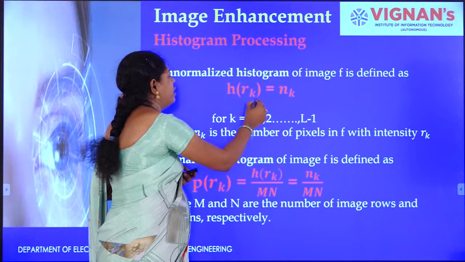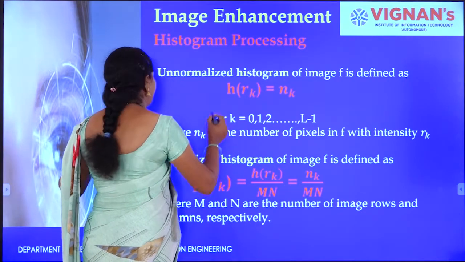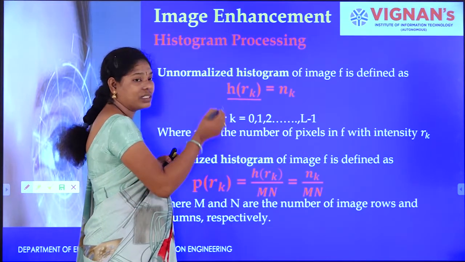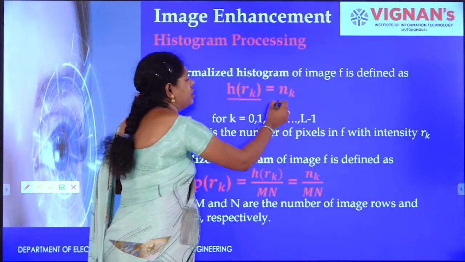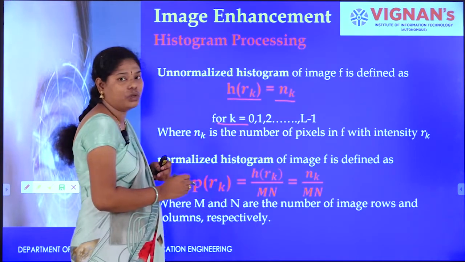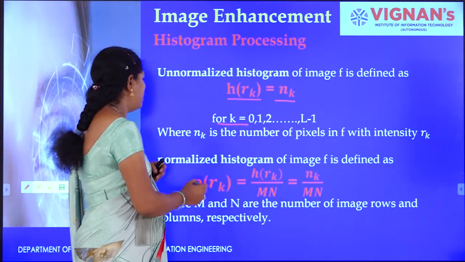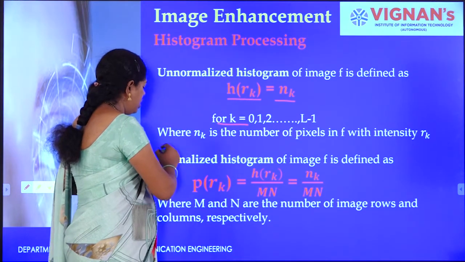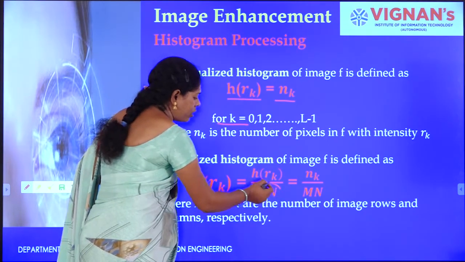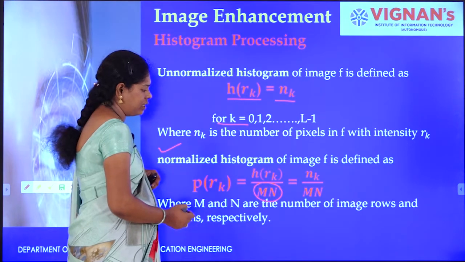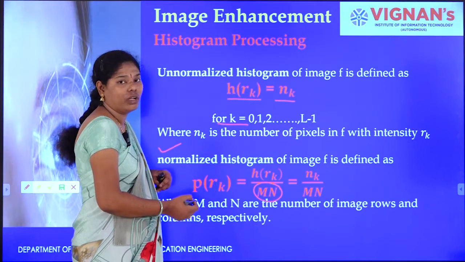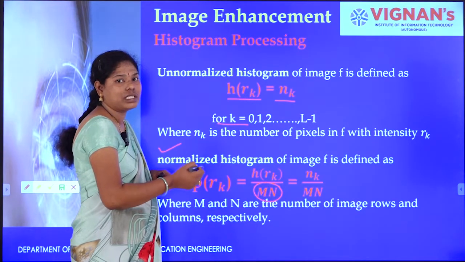That is, h of rk is the occurrence of rk in the image. Here k ranges from 0 to L minus 1. The normalized histogram is obtained by normalizing by the product MN, where M is the number of rows and N is the number of columns, that is the total number of pixels in the image.